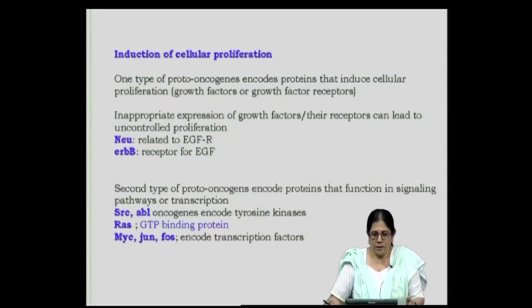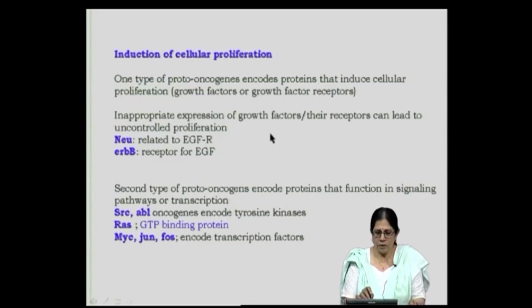If there are mutations, and the growth factors that should be expressed in X numbers are now, because of these mutations, expressed at a heightened level, then either the growth factors or the receptors being expressed in an inappropriate way would lead to uncontrolled proliferation.